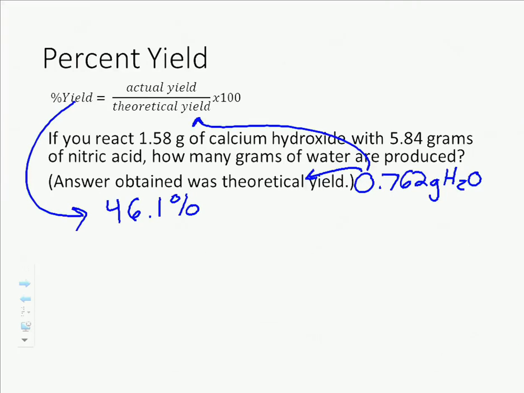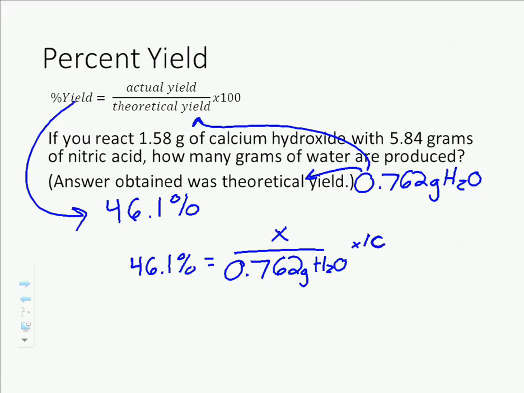So 46.1, that is our percent yield. 46.1% equals X over our theoretical yield, which is 0.762 grams of water times 100.